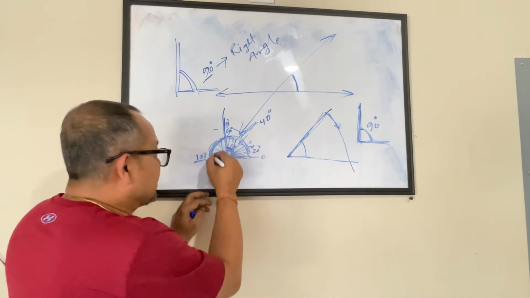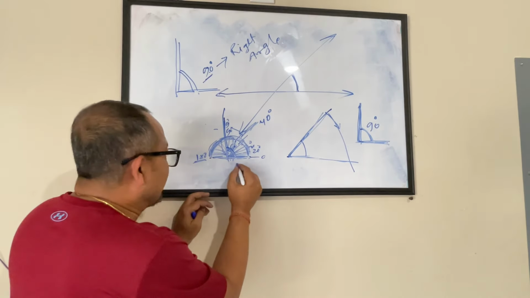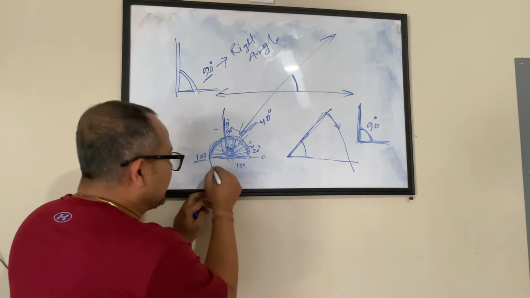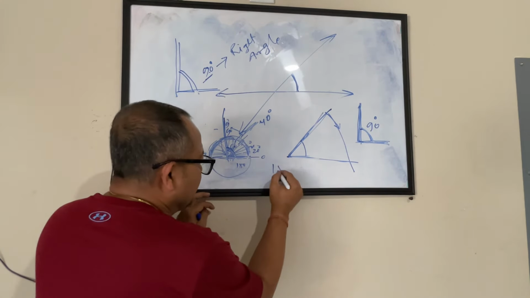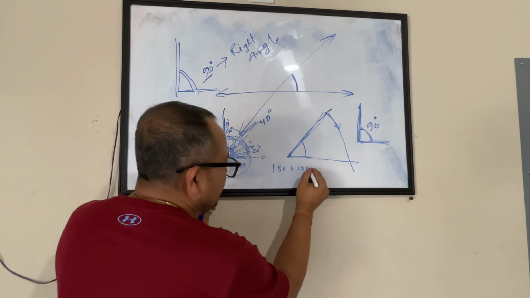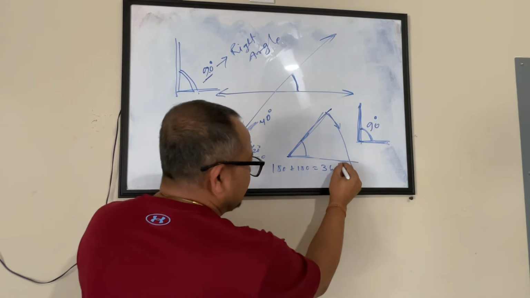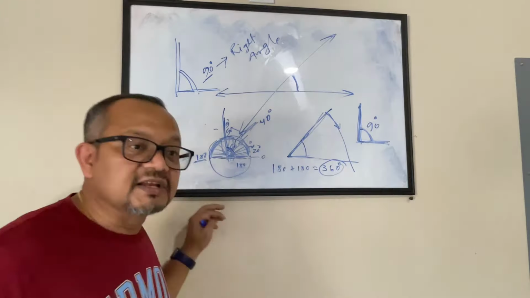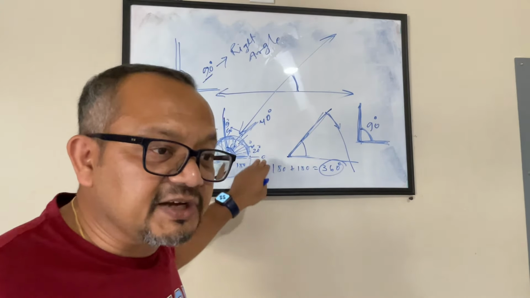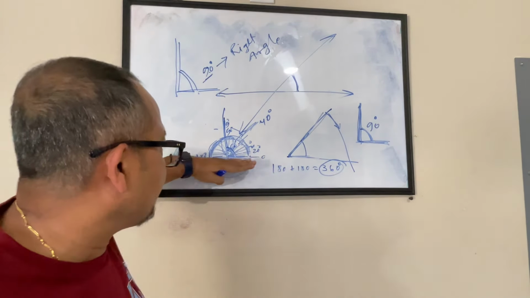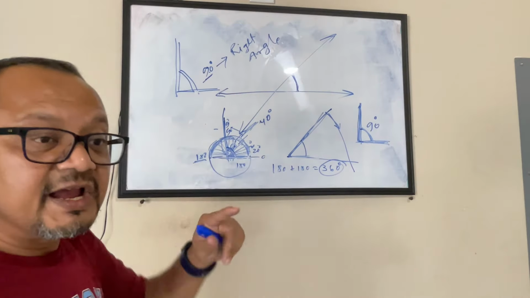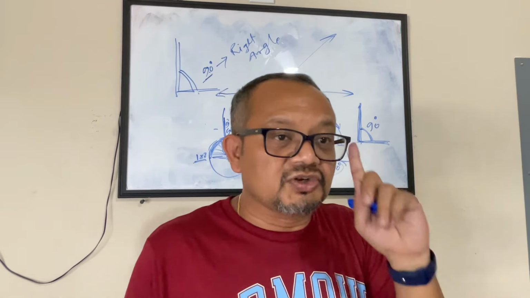So this is a semicircle, half of the circle, and it's making 180 degree. If you complete it, what will be 180 plus 180? That is how it becomes 360 degree. So a circle is 360 degree. The protractor that you use is half of the circle, and you will see 180 degree marked.